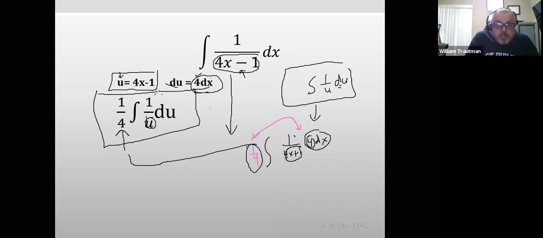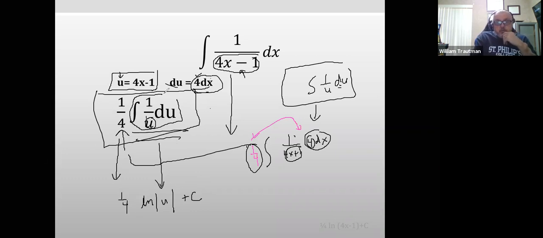When we integrate 1 over u du, we get the natural log of u plus c. And don't forget, there's this 1/4 sitting in front.